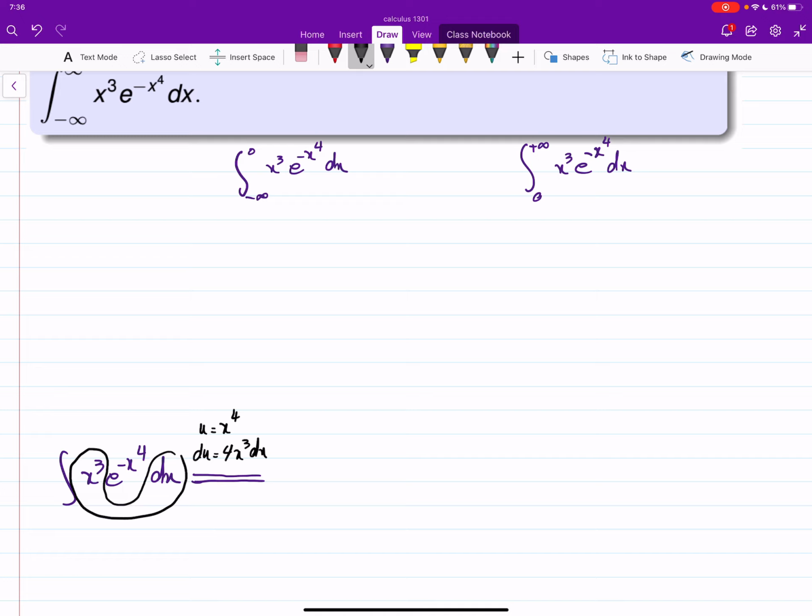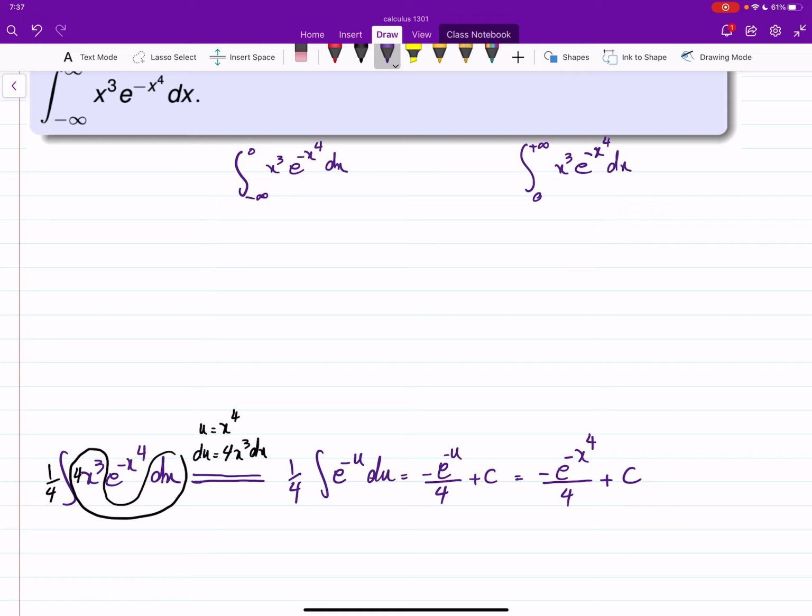So if I multiply by 4 and then divide by 4, this way I have 1 over 4 integral of e to the power minus u du, which will give me negative e to the power negative u over 4 plus c, and that is negative e to the power minus x to the power 4 over 4 plus c.